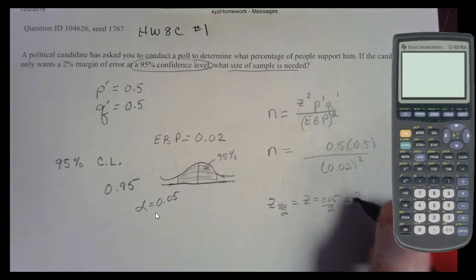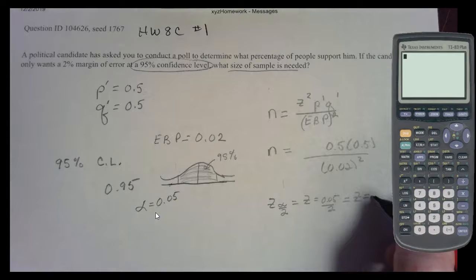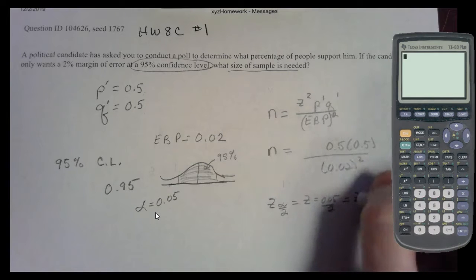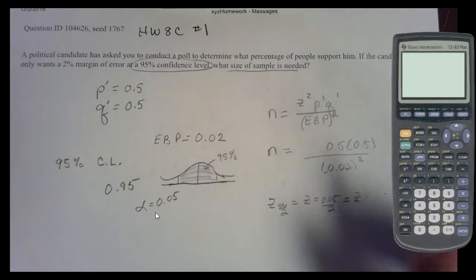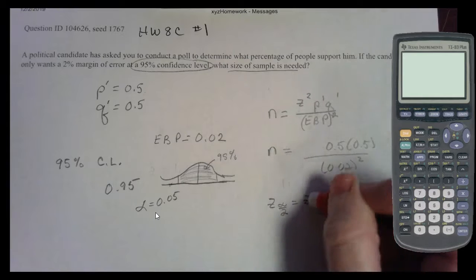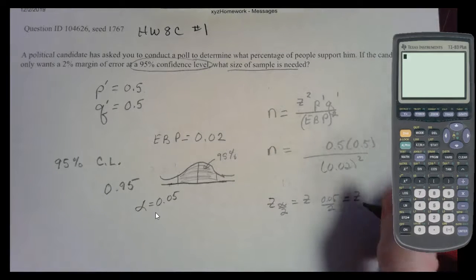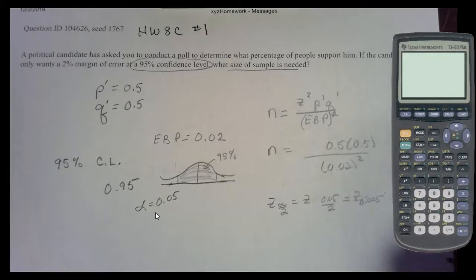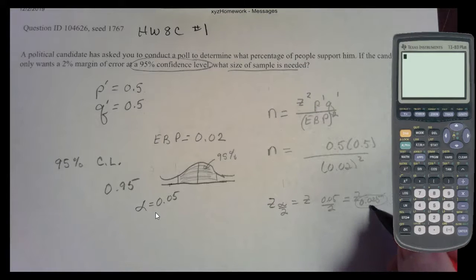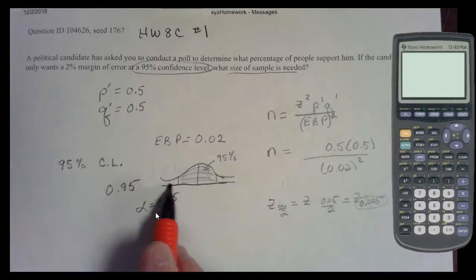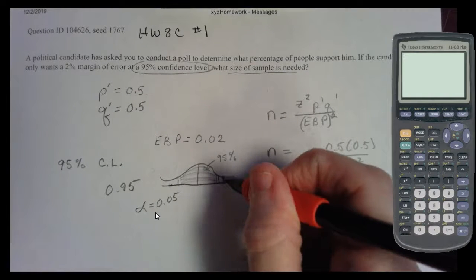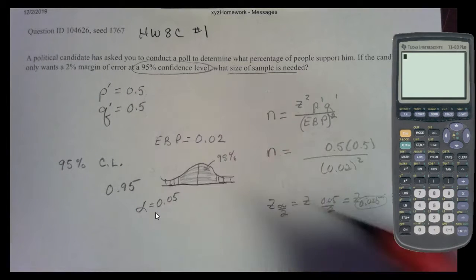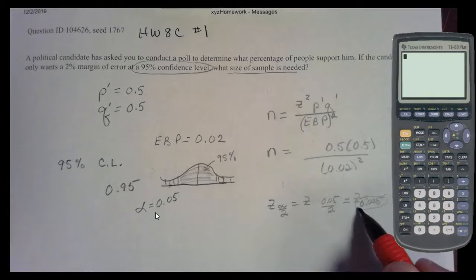I'm sorry, I get ahead of myself here. It's going to be 0.025. So this is what I'm going to look up. I want to know what is the Z-score for this area in the tails, here and here, because that's our alpha.